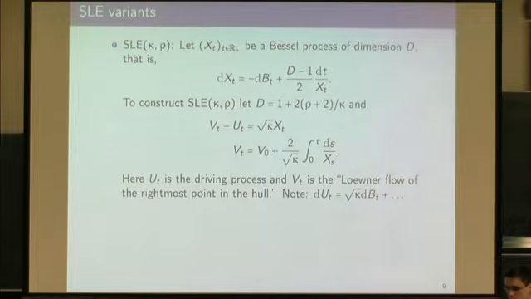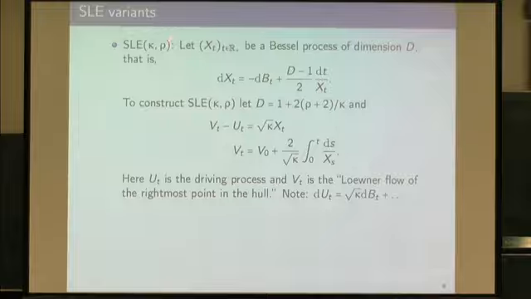So this SLE kappa rho. So we want to describe this also beyond the times that these marked points might collapse or touch each other. So we define it in this way.